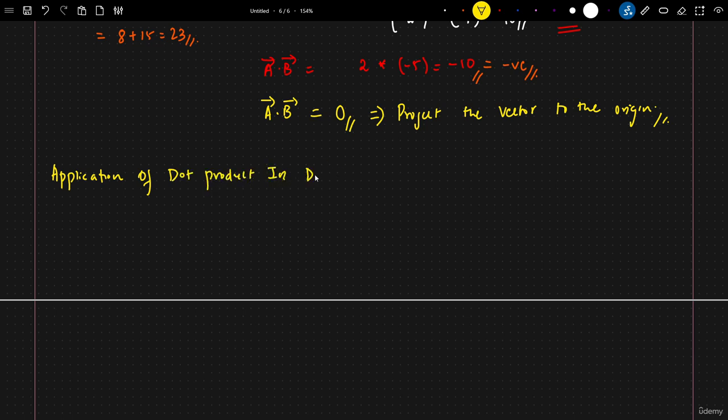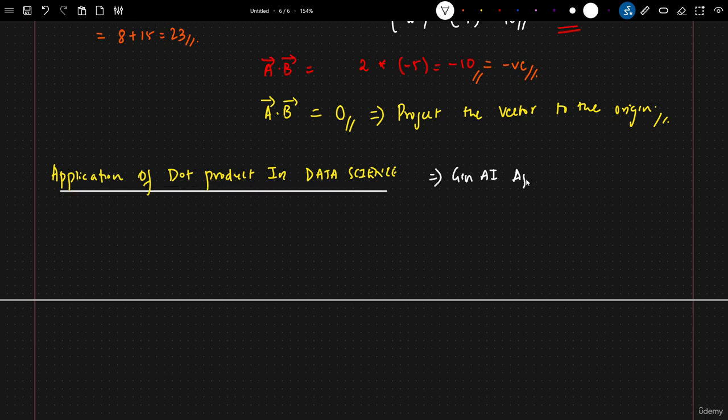I'll take one beautiful example, and this example is being used right now also when we work with recent Gen AI apps, right? Some of the applications in Gen AI are like a RAG system, retrieval augmented generation. Now, why it is used in a RAG system, we'll talk about what exactly a RAG system is, okay?